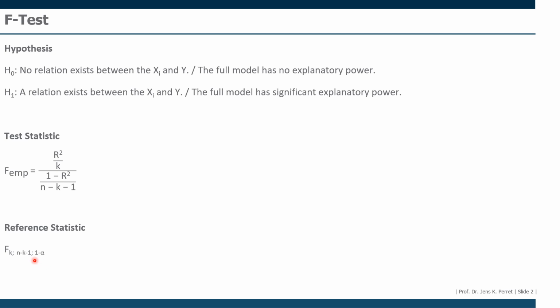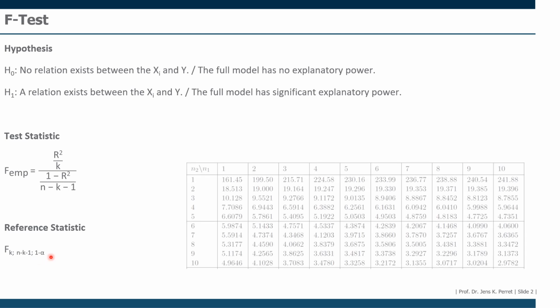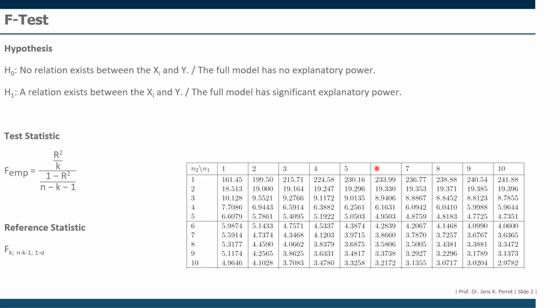So usually there is one particular table for the 1 minus alpha. So if we have an alpha of 5%, you take the table for 0.95. If you have an alpha of 1%, you take the table for 0.99. Then you get something like this.